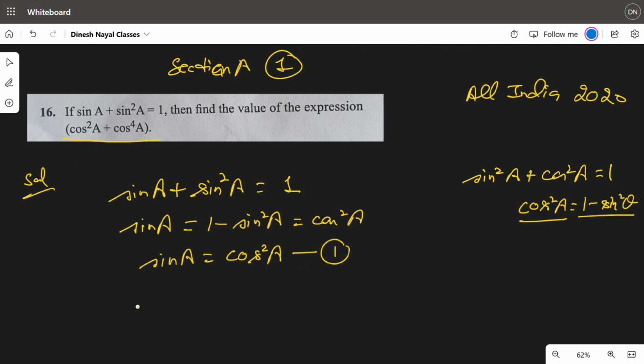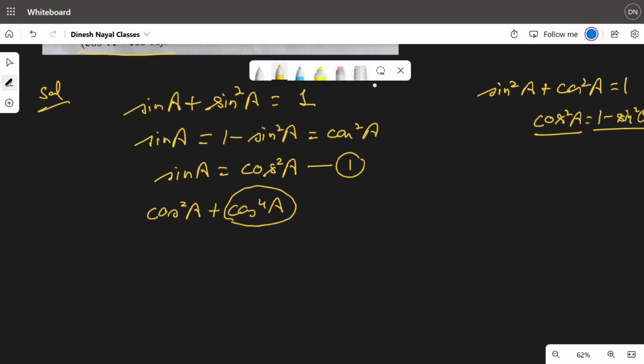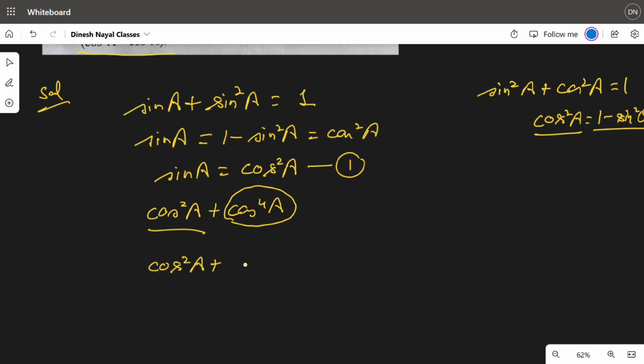Now take this thing, cos square A plus cos to the power 4A. Cos to the power 4A, we can write as cos square A whole square. Now what is cos square A?